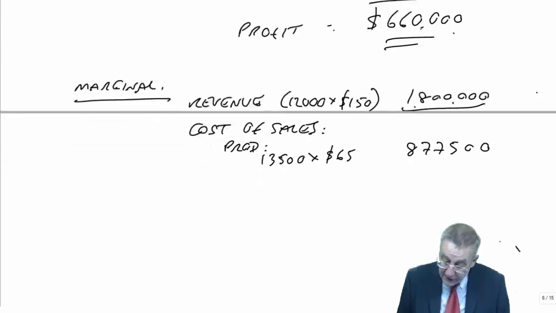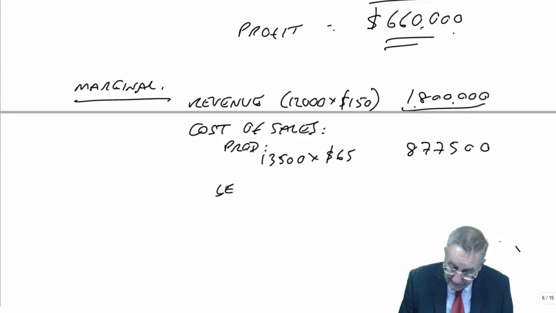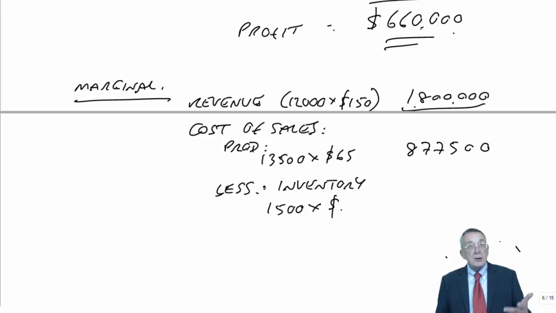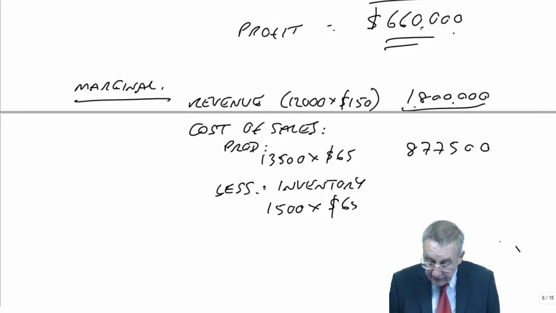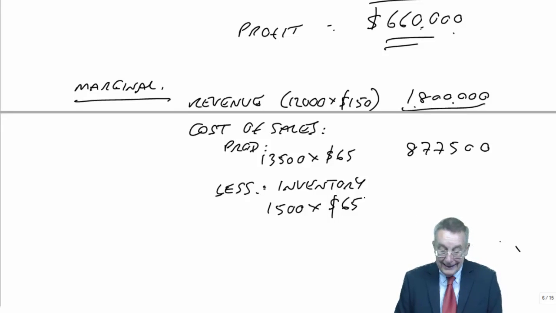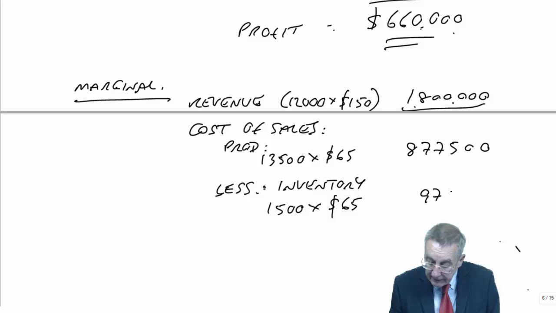Subtract the inventory. Again, 1,500 units in inventory. But of course, under marginal, they're valued at the marginal cost of 65, which is 97,500.